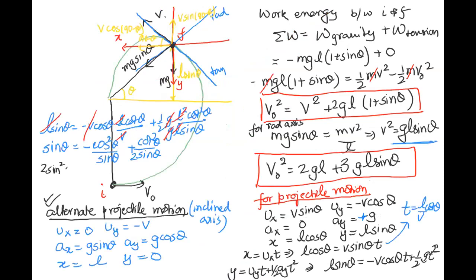2 sin square theta, मैंने 2 sin theta कॉमन ले लिया, is equal to -2 cos square theta plus cot square theta. So we get cot square theta is equal to 2. Therefore, cot theta is equal to, sorry about the mistake.